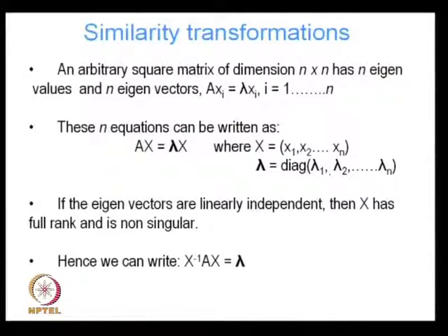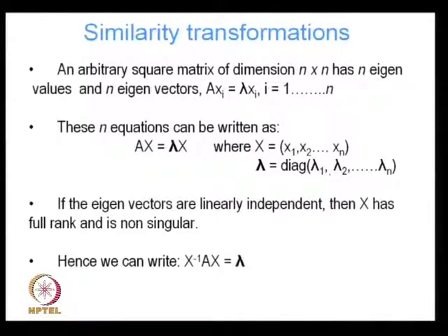An arbitrary square matrix of dimension n by n has n eigenvalues and n eigenvectors, each of which satisfies the relation A x_i is equal to lambda_i x_i. If we combine all these n equations together, we can write them in matrix form as AX is equal to X lambda, where now X is no longer a vector, but a combination of all those eigenvectors.